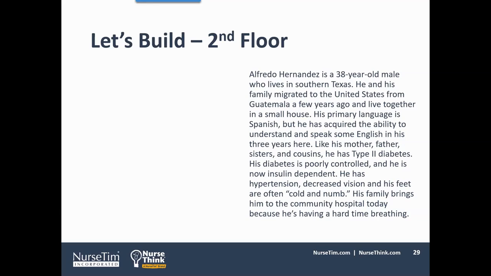Like his mother, father, sisters, and cousins, he has type 2 diabetes. His diabetes is poorly controlled, and he is now on insulin. He has hypertension, decreased vision. His feet are often cold and numb. His family brings him to the community hospital today because he's having a hard time breathing.